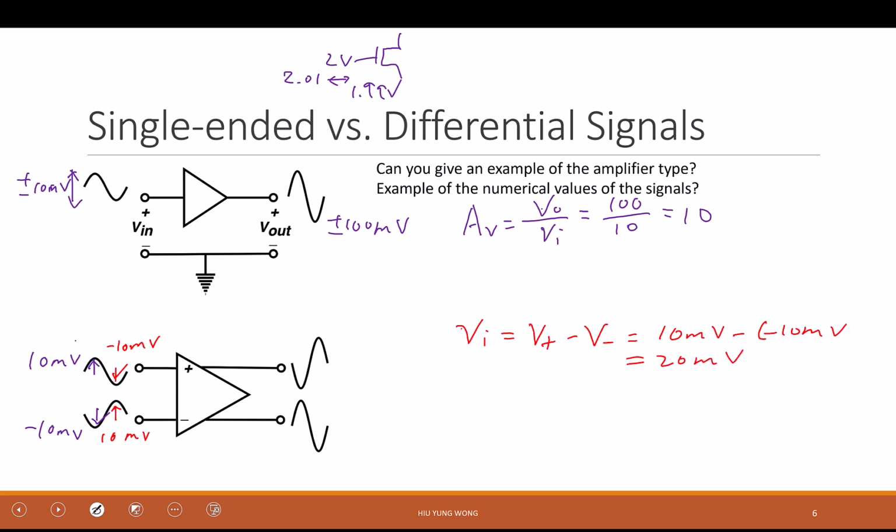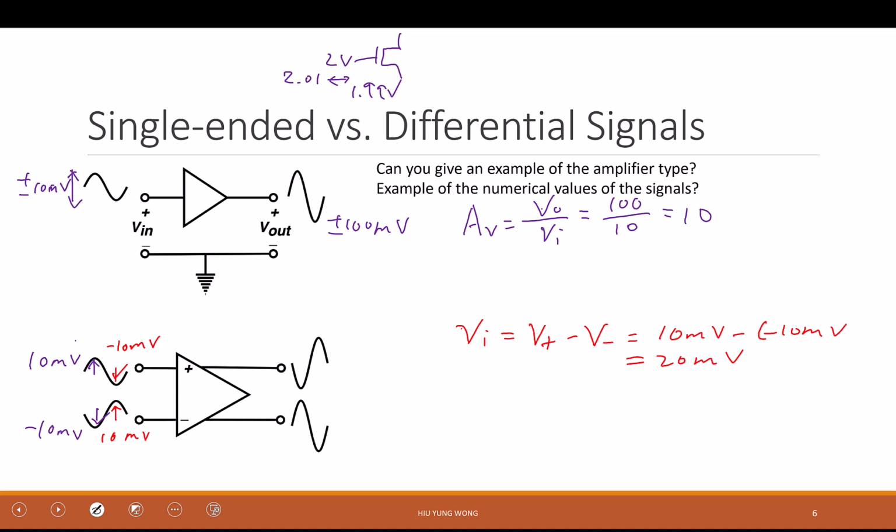The swing is 20 millivolts. Do you agree? Right? Both of them swing by 10 millivolts, but they always go into opposite direction. So the total signal swing by 20 millivolts, right? Because the maximum difference is sometimes I'm 20 millivolts above of you, sometimes I'm 20 millivolts below of you.